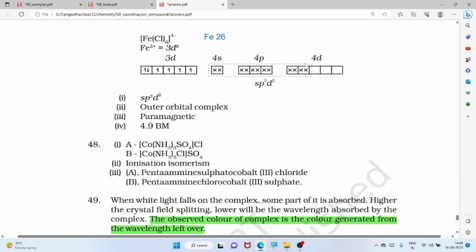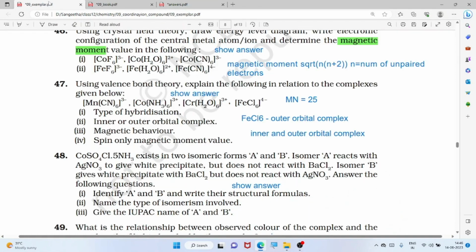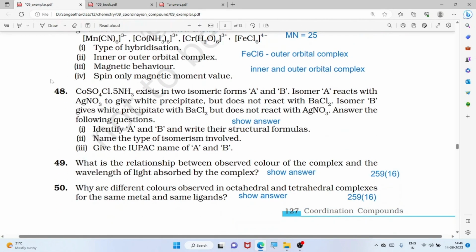Outer orbital in 4d, this bonding is on sp3d2. So here it is not getting paired, that is why these are occupied. Exists in two isomers, A and B.